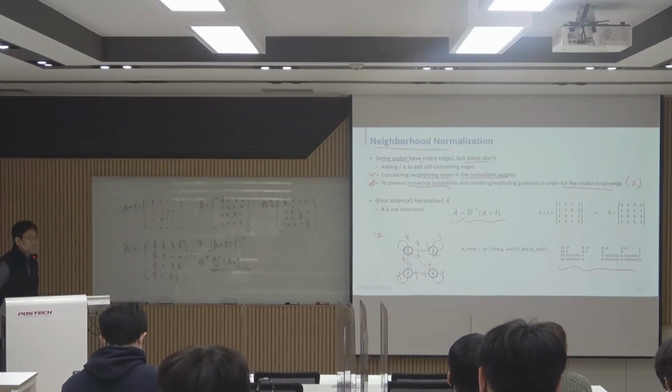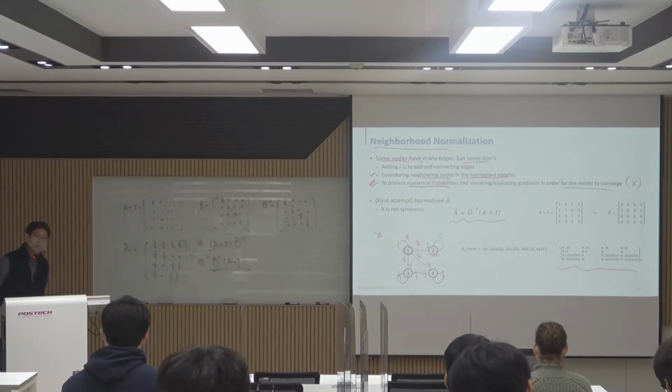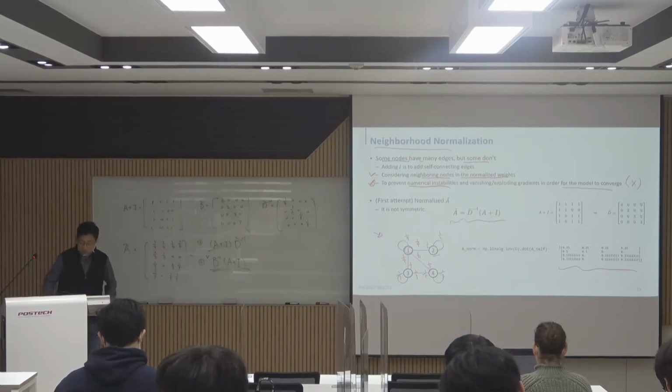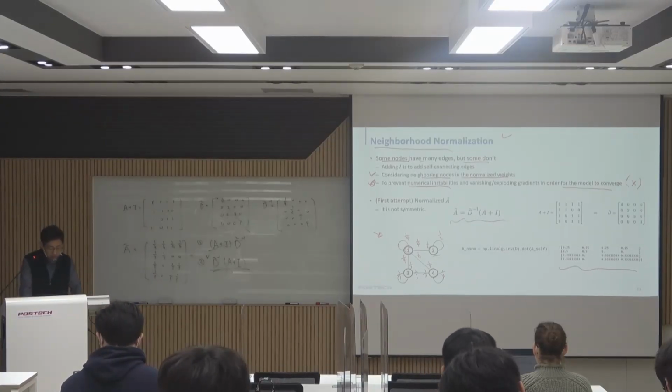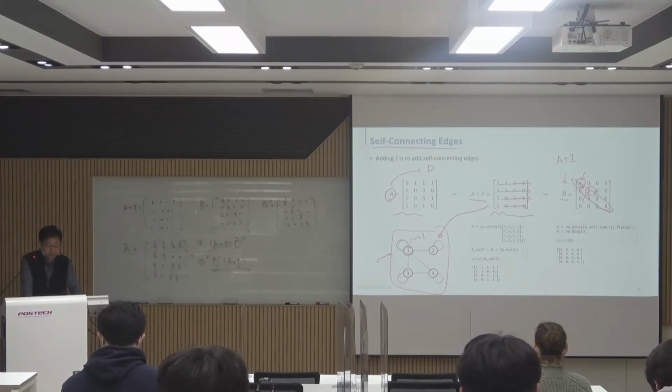I don't see any difficulties or issues up to this point, but actually there are some issues. The original purpose is that here we have an undirected graph, and somehow I want to add self-connected loops, and that's okay.